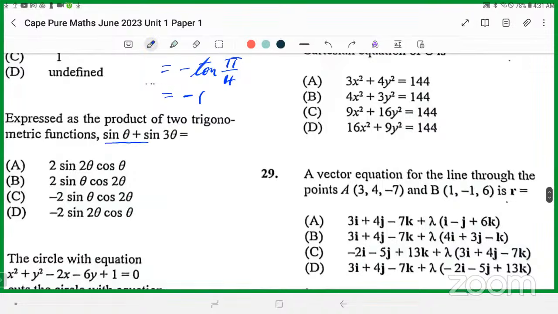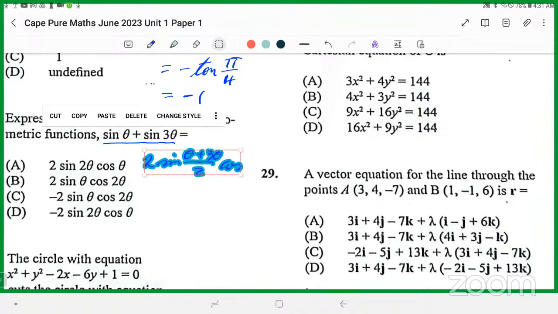Twice this becomes twice the sine of half the sum, I mean theta plus 3 theta over 2, times the cos of half the difference. I'll put that a little bit lower because this number 29 is in the way.